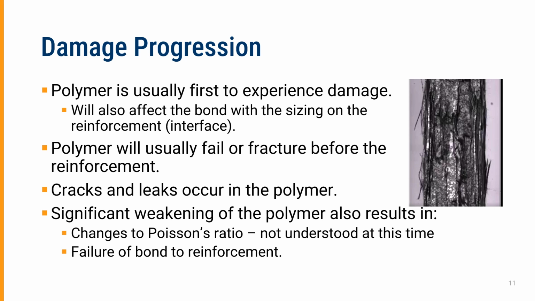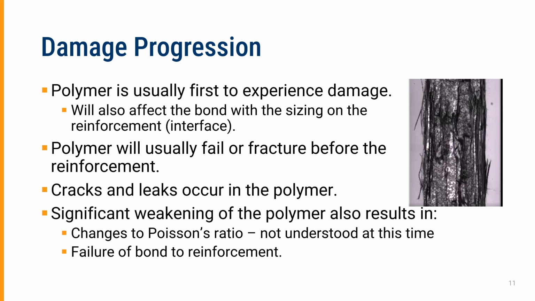The polymer will usually fail or fracture before the reinforcement, which we're showing here. The cracks and leaks actually occur in the polymer. When you get a leak or a loss of containment, it's almost never because a fiber failed and the polymer is intact. It's because the polymer has cracked or fractured.